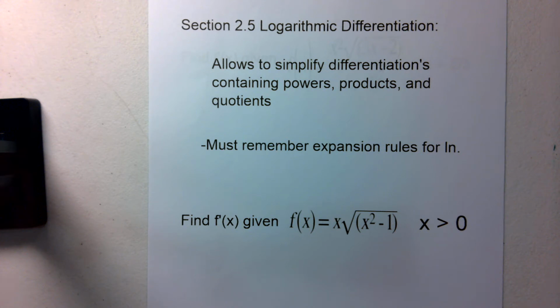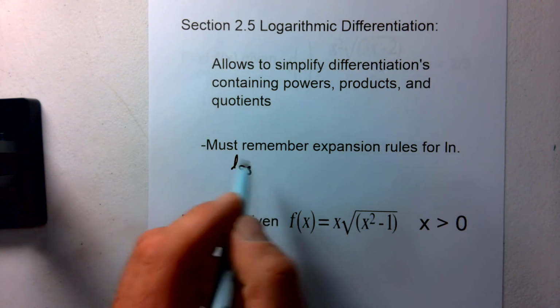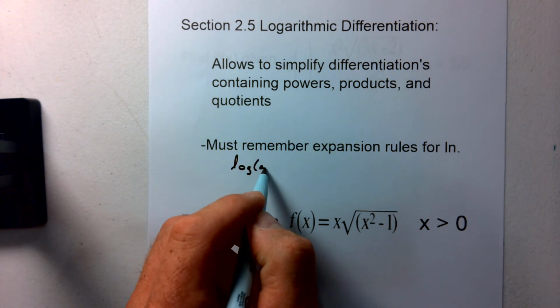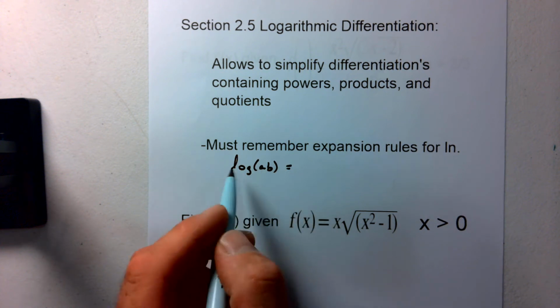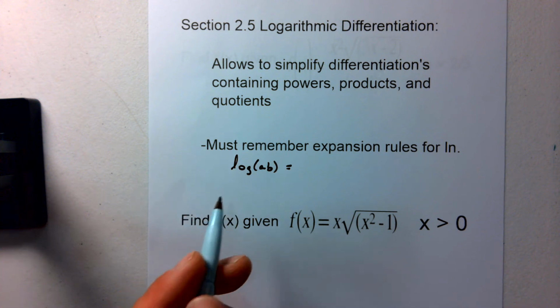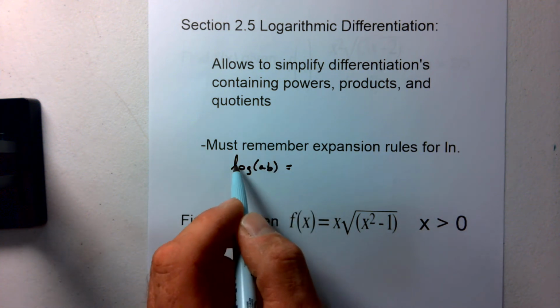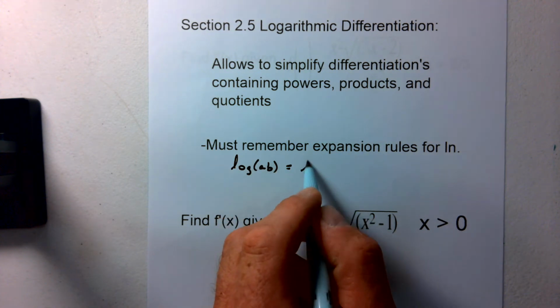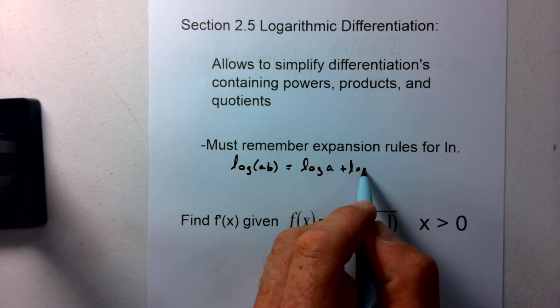So the first thing you've got to remember is the expansion rules for natural logs and logs in general. We can do log or natural log. Remember, they are talking about the same thing, except natural log is base e, where common log is base 10. If we're multiplying two quantities and taking the log of those two quantities being multiplied, we can break this up into the log of a plus the log of b.